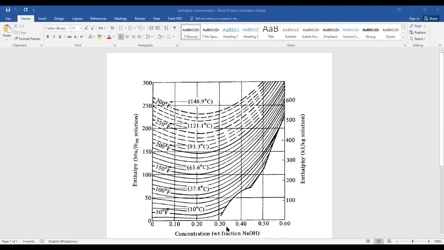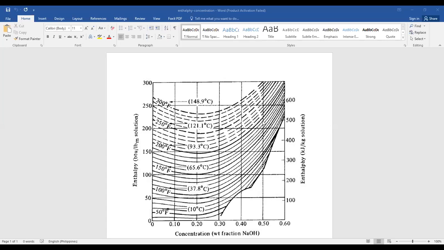This one. So we have for 190, so this is 10, 20, 30, 40, 50. So 150, 160, 170, 180, 190. So for 190 degrees Fahrenheit, the boiling point of the solution, that's the temperature that we use, we will have to go to that part wherein we have the 50% solids. We have it here.